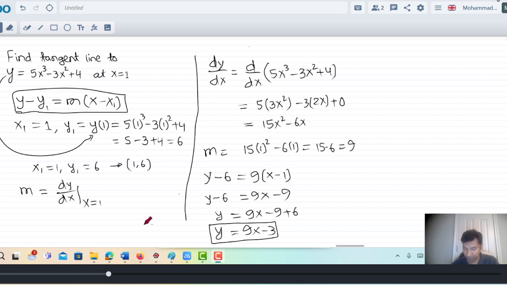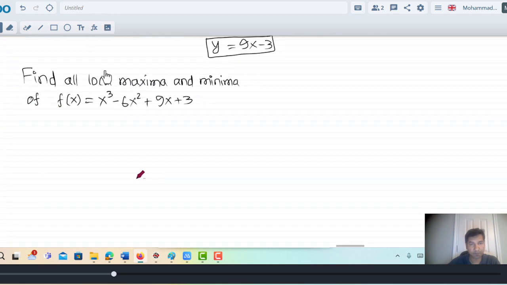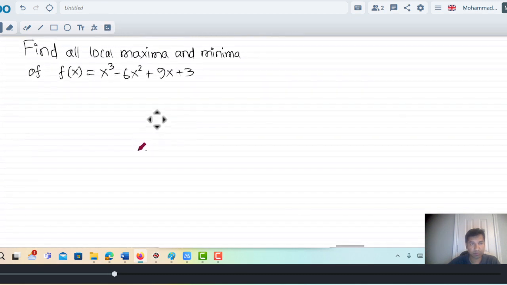Okay, so now let's do an optimization problem. The problem is: find all local maxima and minima of f(x) equals x cubed minus 6x squared plus 9x plus 3.